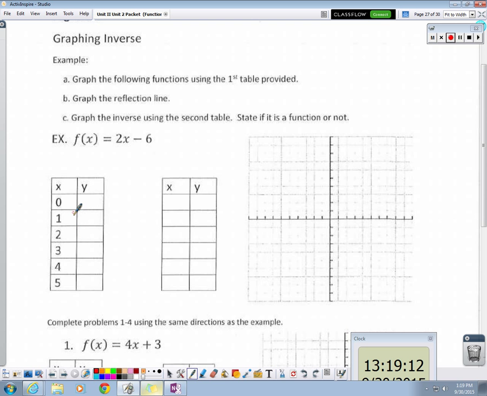So if I plug in a 0, 2 times 0 minus 6 equals negative 6. If I plug in a 1, 2 times 1 minus 6 is negative 4.